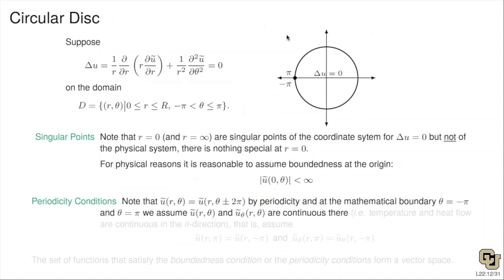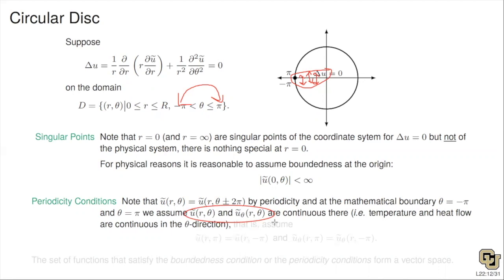The other thing we're worried about is right here at this joining point where minus pi and pi meet, the crossroads. Here, we want to make some assumptions, at least physically, about what's happening with the function. So now we want to worry physically about what's going on with the temperature across this mathematical boundary that we've created from our coordinate system. We assume both u, the temperature, if you will, and u partial theta are continuous.